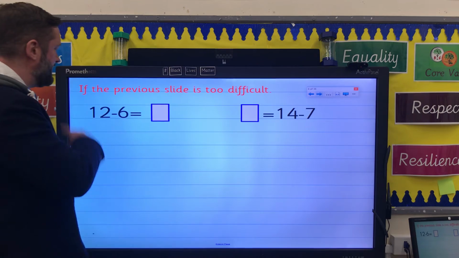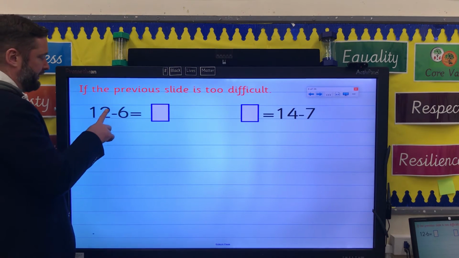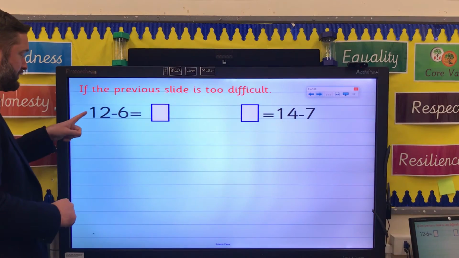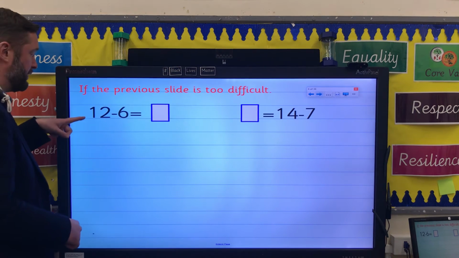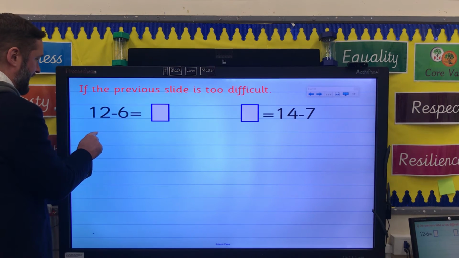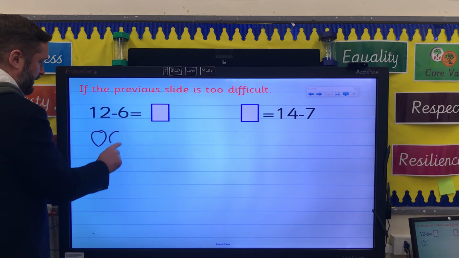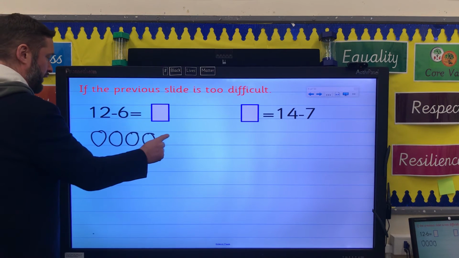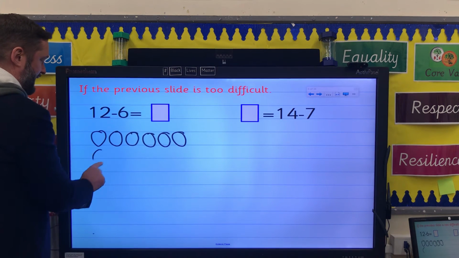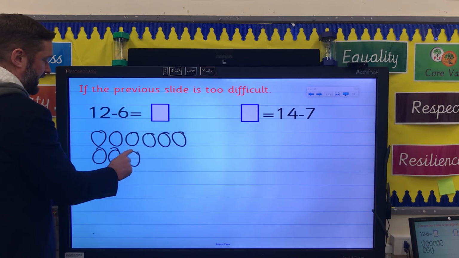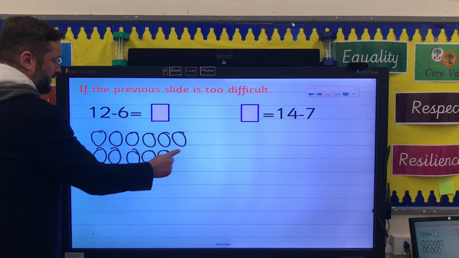So, for these calculations, I've got 12 take away 6. And I'm just going to represent the first number, the whole, in counters. Count with me. 1, 2, 3, 4, 5, 6, 7, 8, 9, 10, 11, 12.